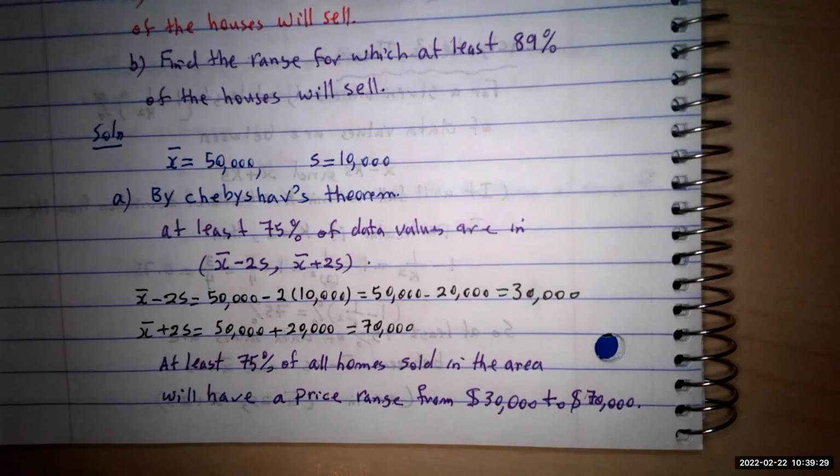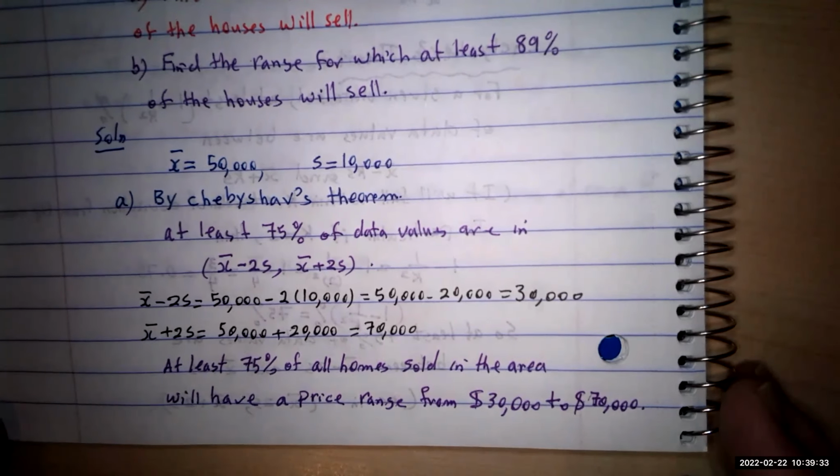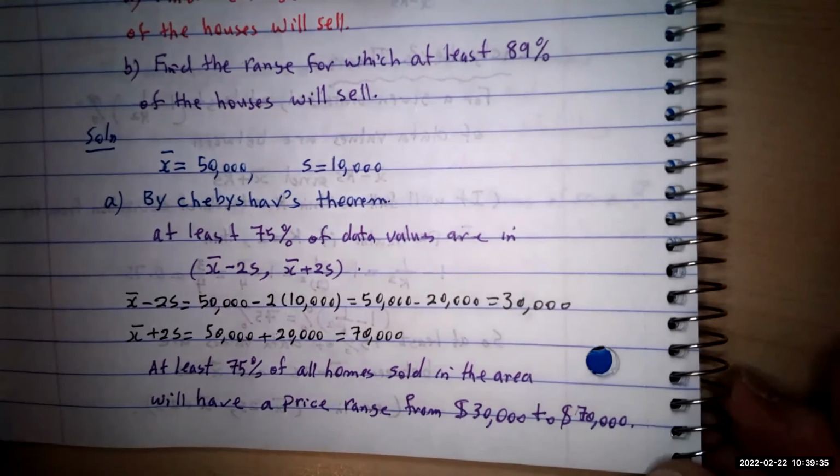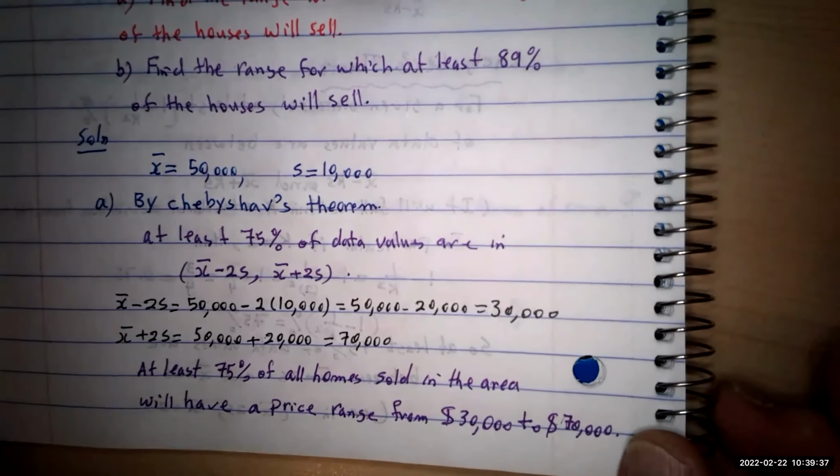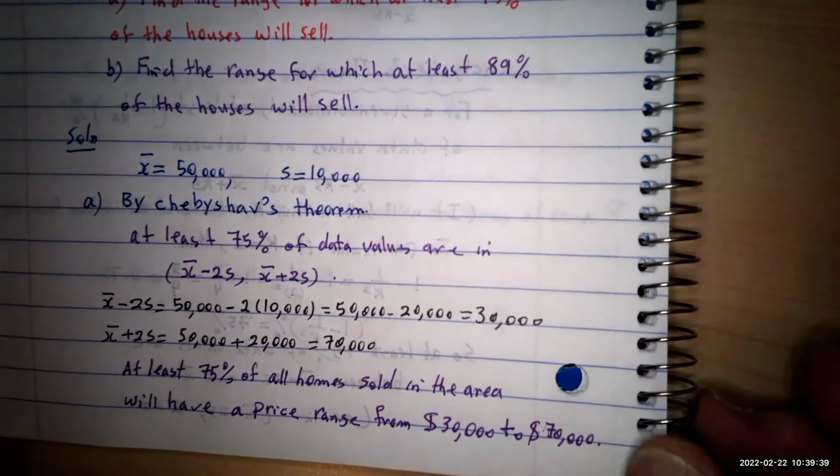We have to repeat it again for the second part, for the 89%. We know that 89% refers to three standard deviations from the center. Okay, so quickly we take care of the second part. It's just the same argument.